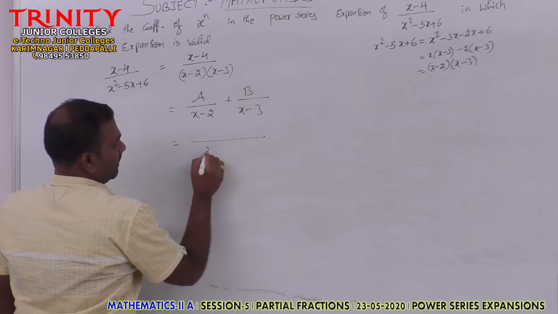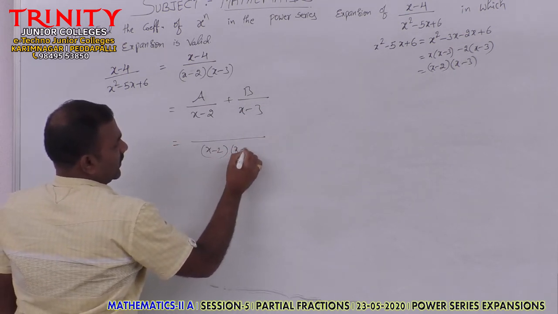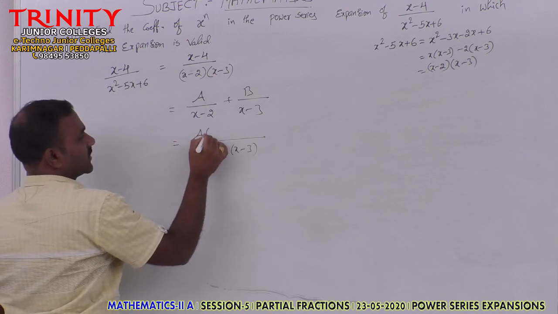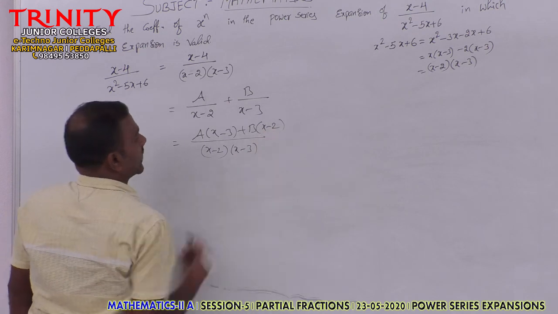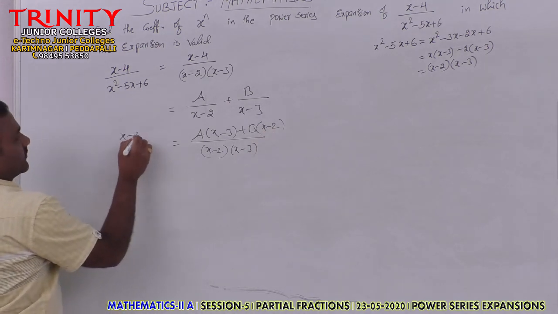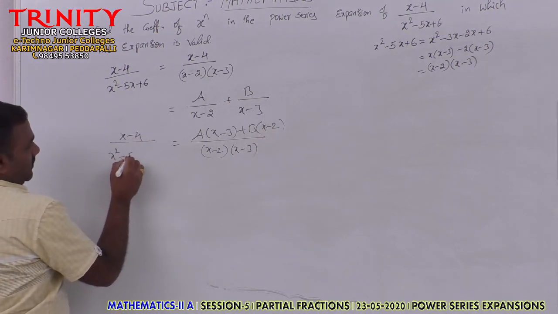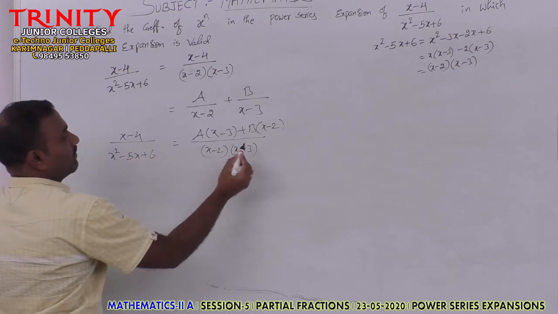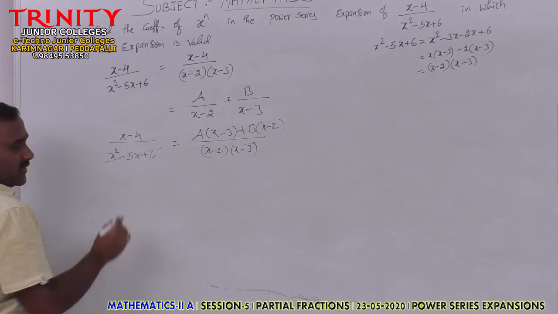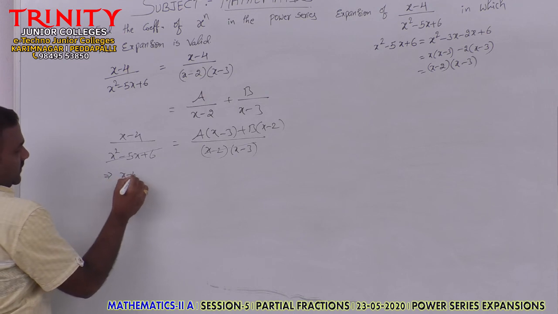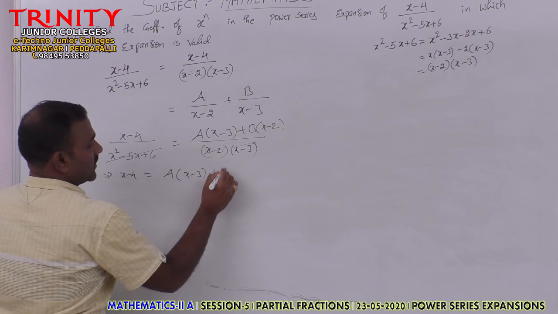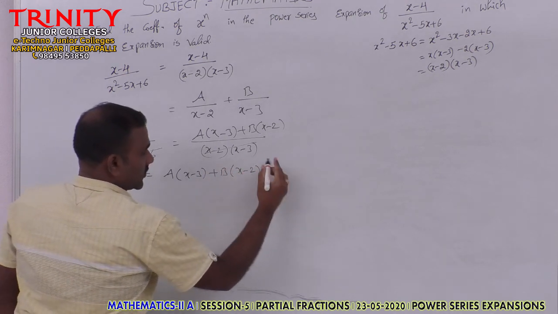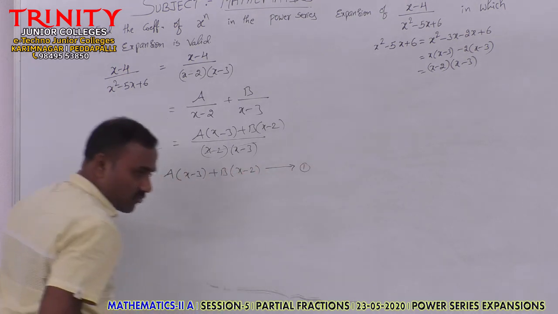Take the LCM, x minus 2 into x minus 3. Then it becomes a into x minus 3 plus b into x minus 2. X minus 4 by x square minus 5x plus 6, this denominator gets cancelled. X minus 4 is equal to a into x minus 3 plus b into x minus 2. Take this as equation 1.